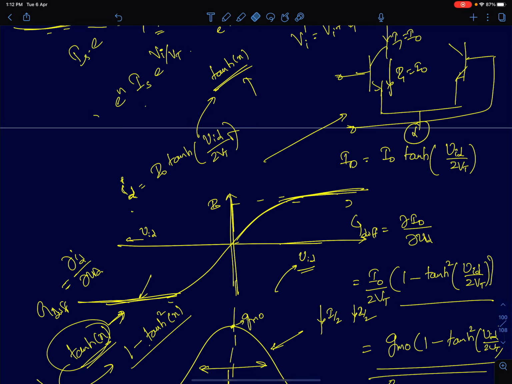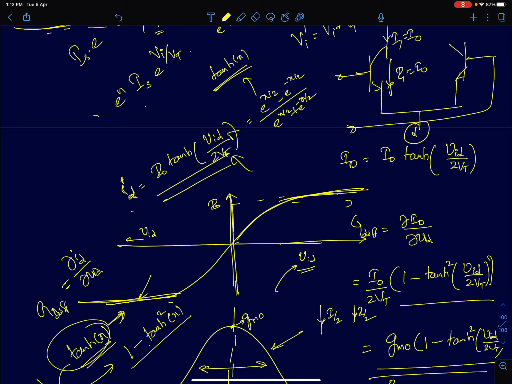But if you look at this expression, it is tanh of VID by 2 VT. As I said, you can write it as e power x by 2 minus e power minus x by 2 by e power x by 2 plus e power minus x by 2. Now this expression will reach very close to I naught for a few multiples of VT.